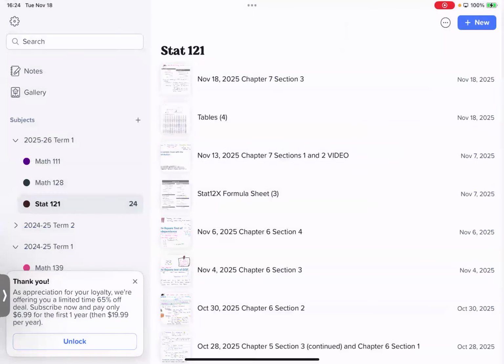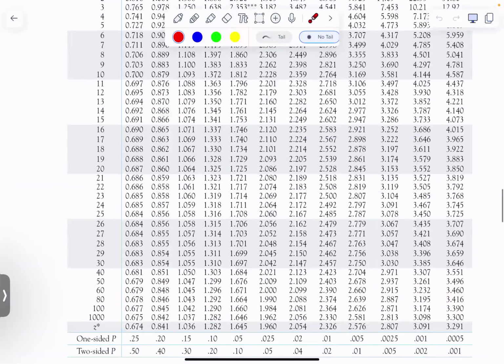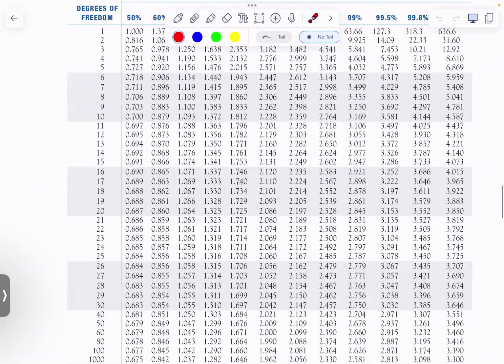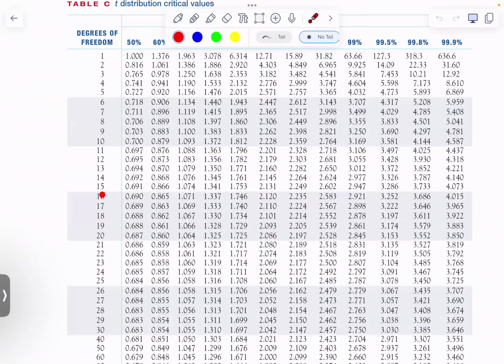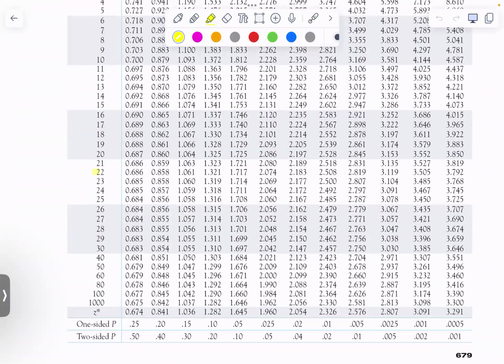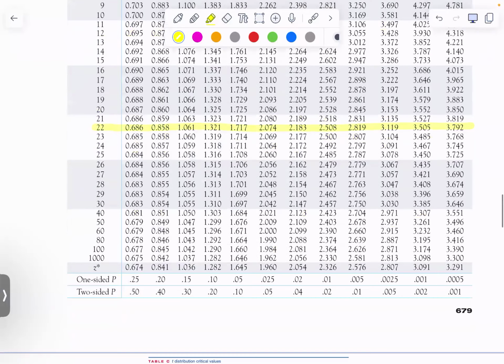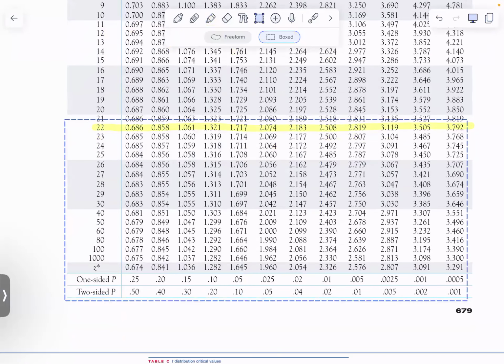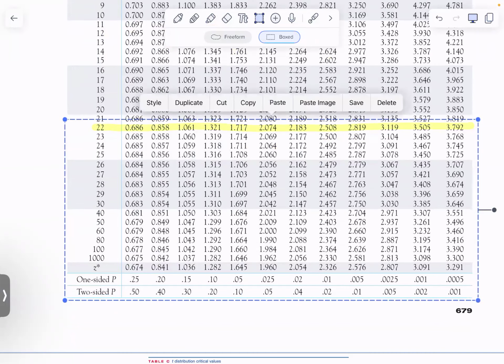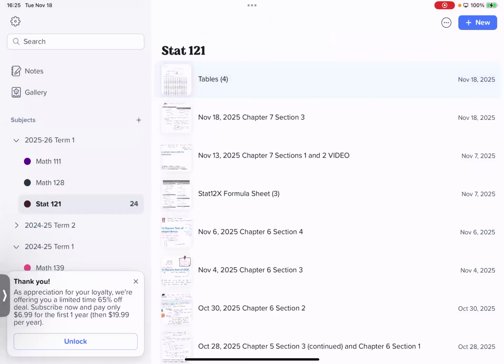Now I have to use the t-table. First thing I'm looking for is, do I have a 22 degrees of freedom line? I do. That's always exciting. It simplifies things a little bit. From here, I need to place my calculated t on this line. I'm going to bring in all of this, even though it's going to be quite big.